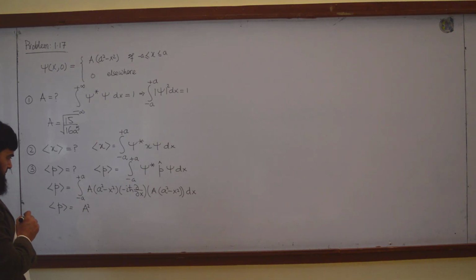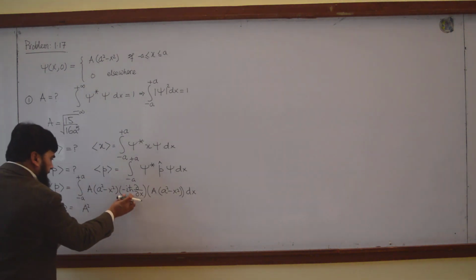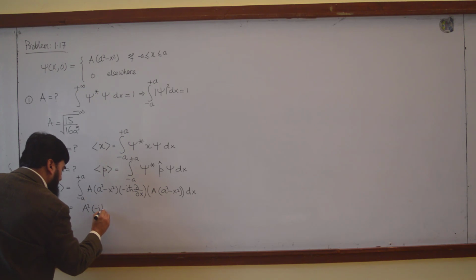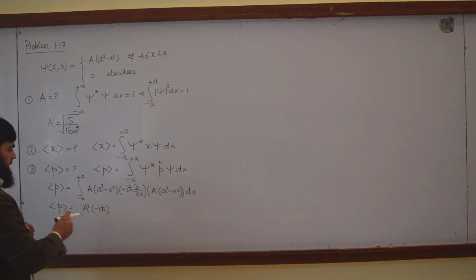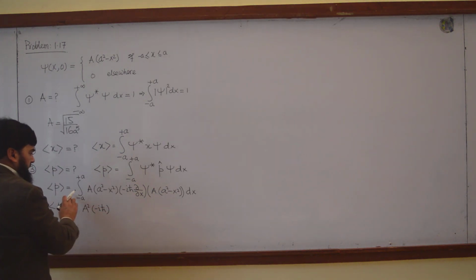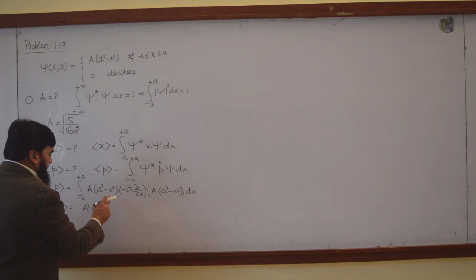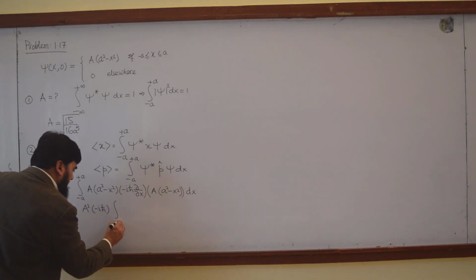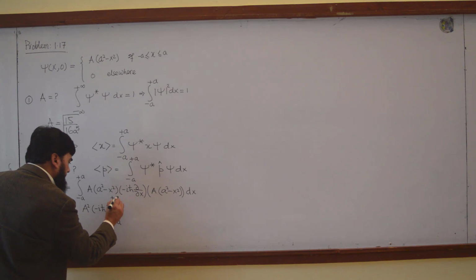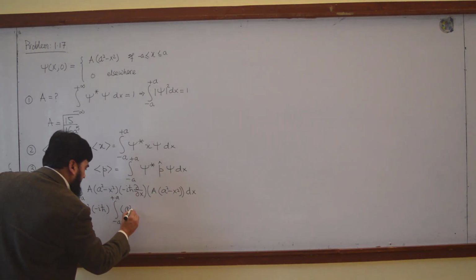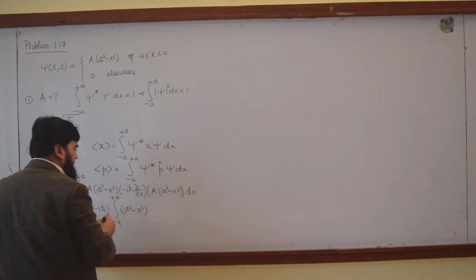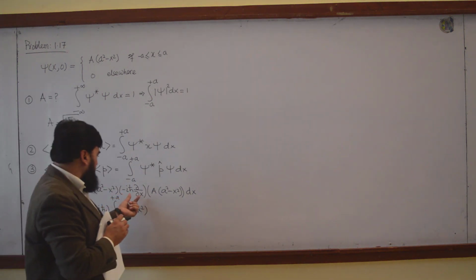Now I can take minus i h bar common, take it out from here. Then a square minus x square will come in this integral. Now what about this one?